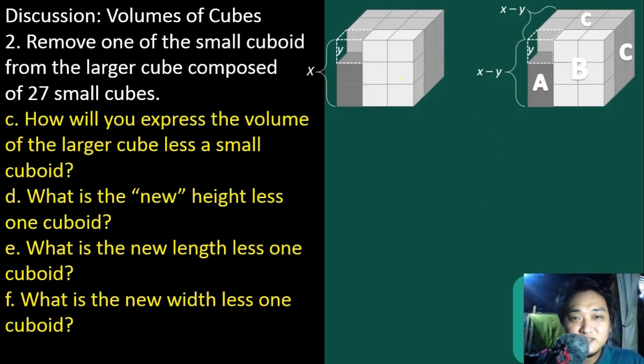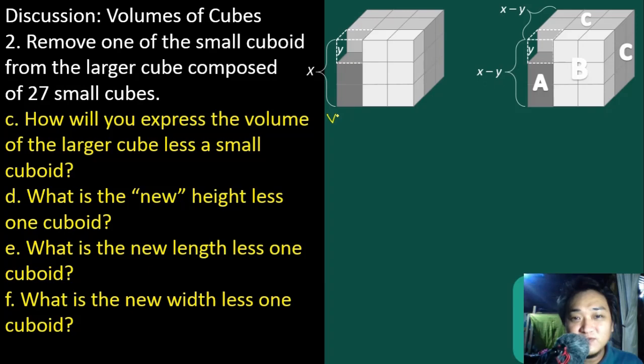Now, in the next illustration, yung malaking cube natin kanina, na hinati-hati natin parang cake into 27 smaller cubes, hinati natin crosswise, lengthwise, tapos pahalang, binawasan natin ng isang cube.